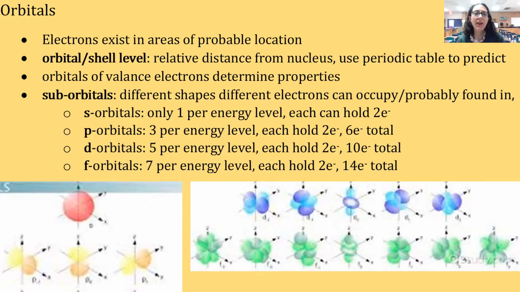So there are 4 different shapes of suborbitals. We've got the s orbital. The s orbital is this sphere. It's a 3-dimensional sphere, and I think these drawings help show some of that 3-dimensionality. Each suborbital can hold 2 electrons.